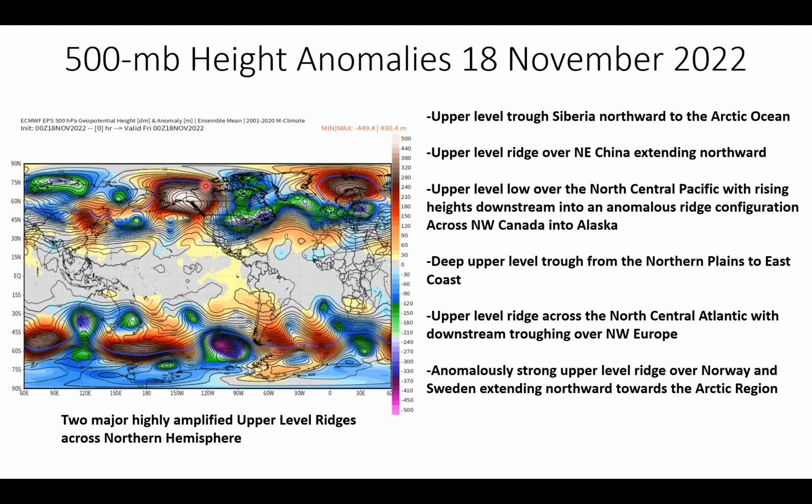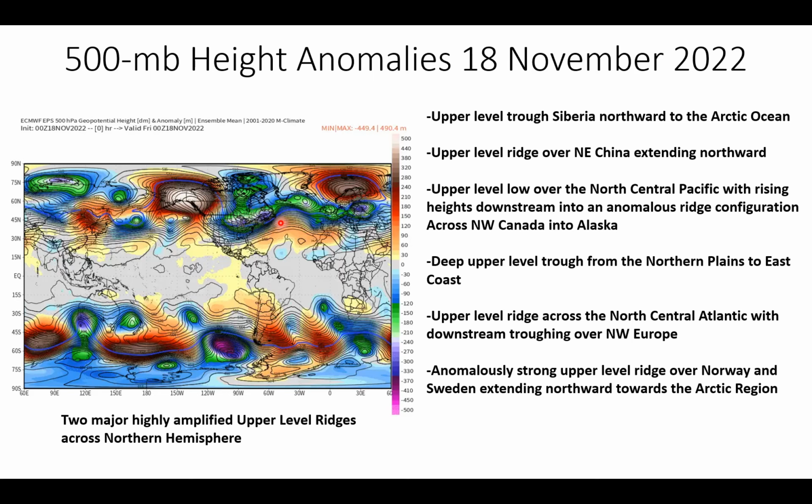So we have this anomalous upper level ridge, and look how far north this thing extends, all the way up into the Arctic Ocean. And then basically in the atmosphere, what goes up must come down. And so downstream of that anomalous ridge, you see some anomalously low upper level heights at the 500 millibar level, and these green and purple shadings here indicating those lower heights for a good chunk of the United States.